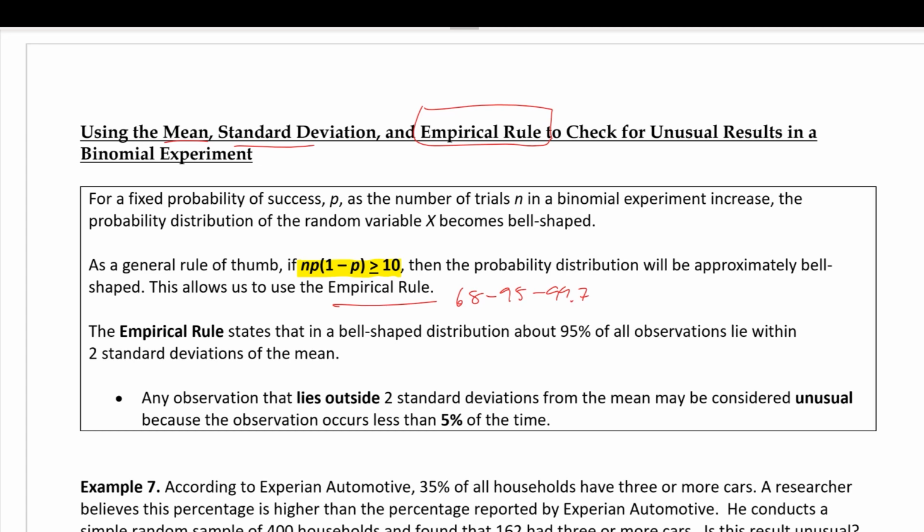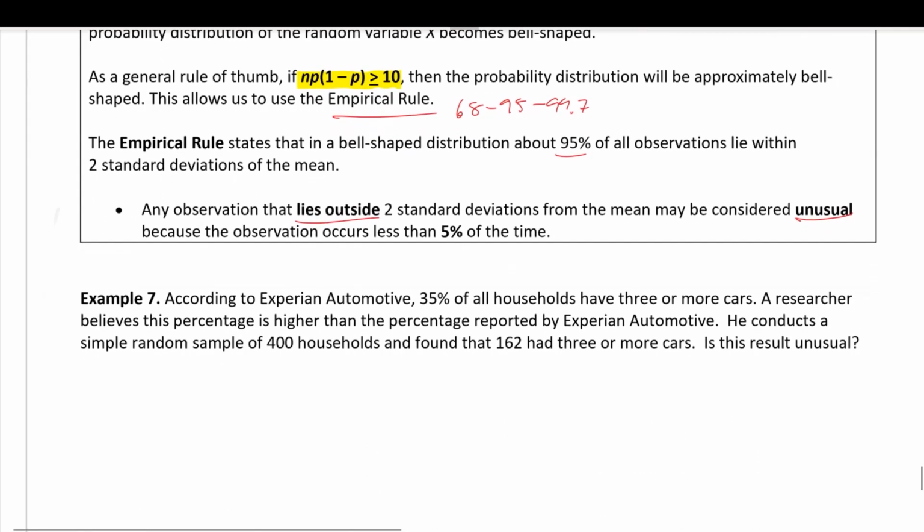We're going to consider something unusual if it lies beyond two standard deviations. So anything usual would be within the first two standard deviations, representing 95% of your data. Anything outside of that is the remaining 5%, 2.5% on one side and 2.5% on the other side.